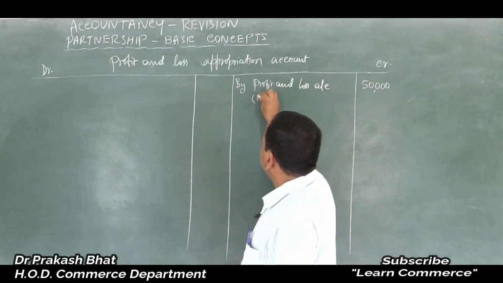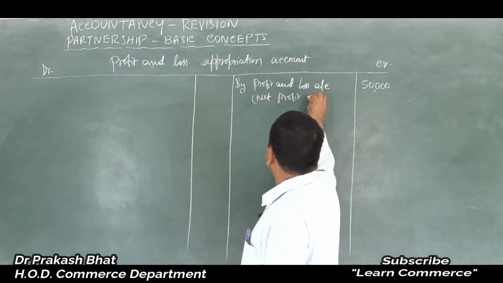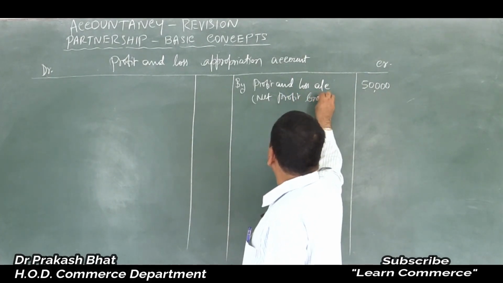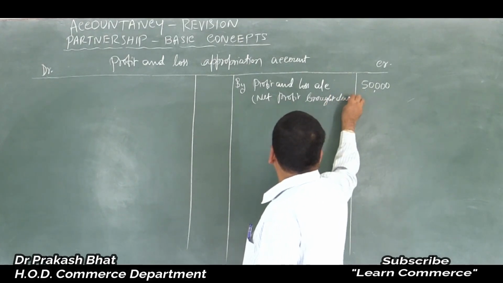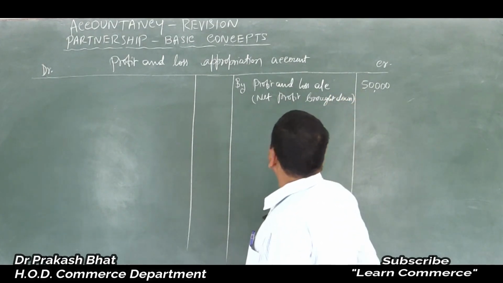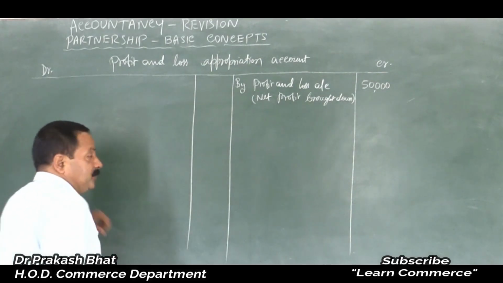How to write it? Net profit brought down. Then interest on drawings should be entered.